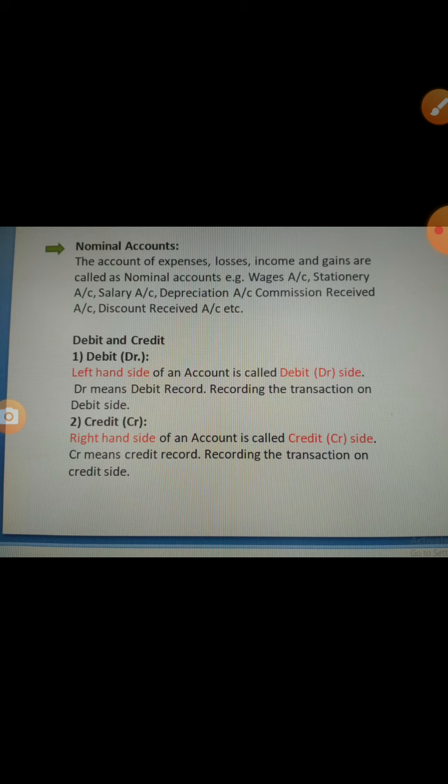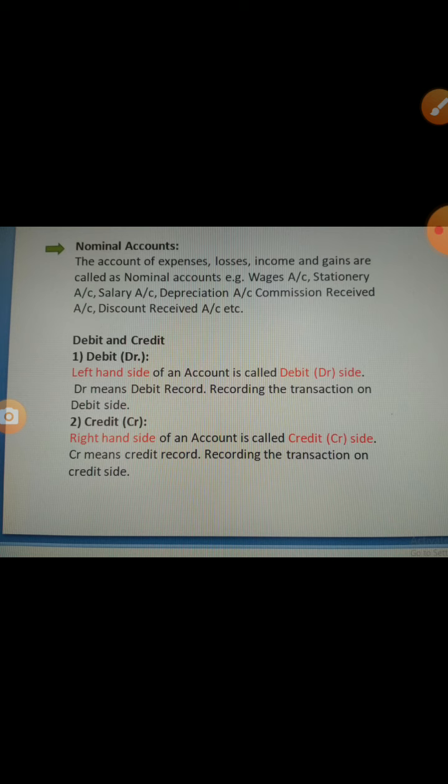Or if any loss suffered by the businessman, then all these losses will also be included in nominal account heading. In the same way, all types of incomes are included in nominal account. For example, rent received, dividend received, interest received, means any type of bank interest if received, it's a gain from the point of view of the business.